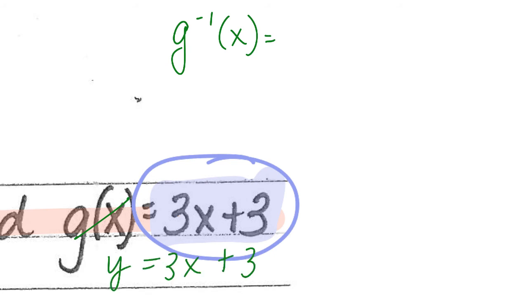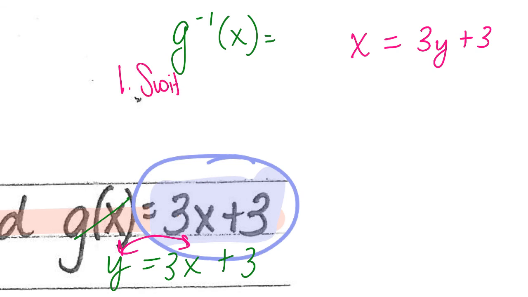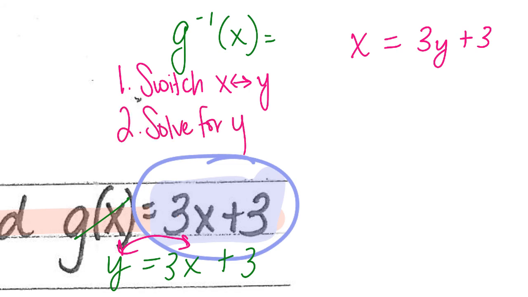And what we're going to do is switch the x and the y. So notice I'm going to take x equals 3y plus 3. So number 1, switch x and y. And then number 2 is just solve for y.